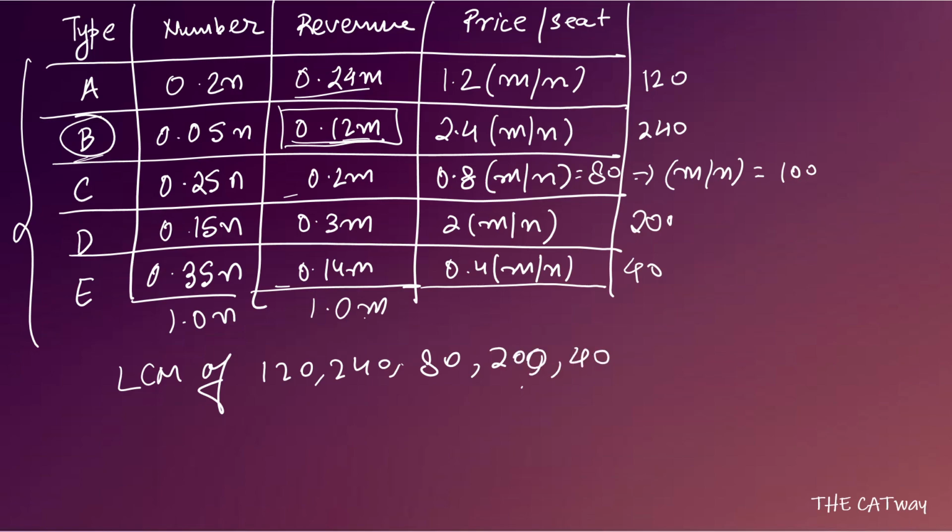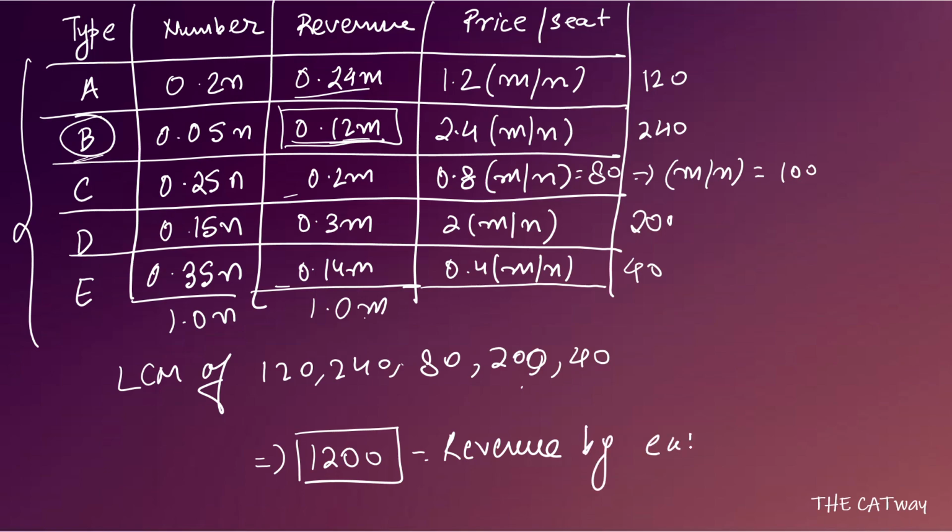When you take the LCM, it will come out to be 1200. Now when we have the LCM, this is the revenue by each type of seat.